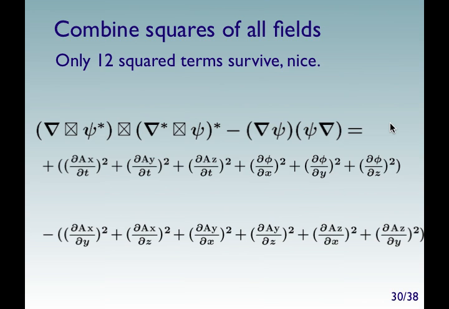How nice. Actually, it's more than nice. I mean, if you go through that much math and you simplify things, you're probably doing something deeply right. Okay? So that is the Lagrangian.